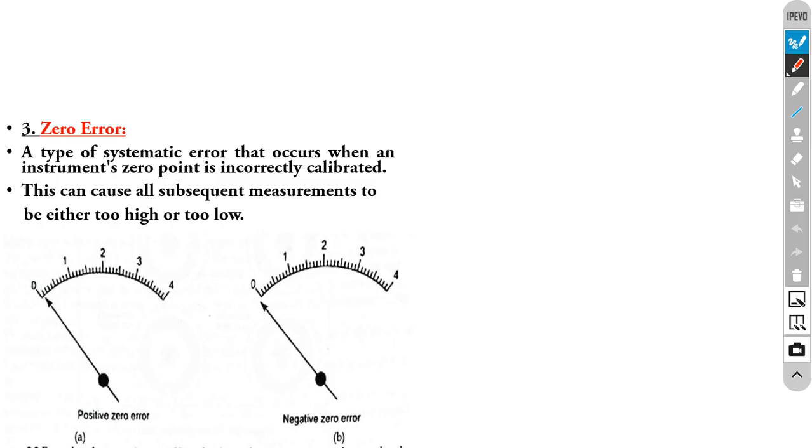Now, this is the 0 point, but this pointer is already pointing behind the 0, so already it is not accurate. So if you are now using this kind of instrument to take reading, you are bound to experience what they mean by 0 error. In this case, we have here negative 0 error. This one is positive 0 error.